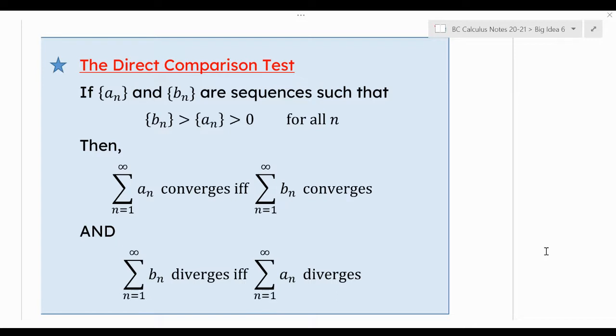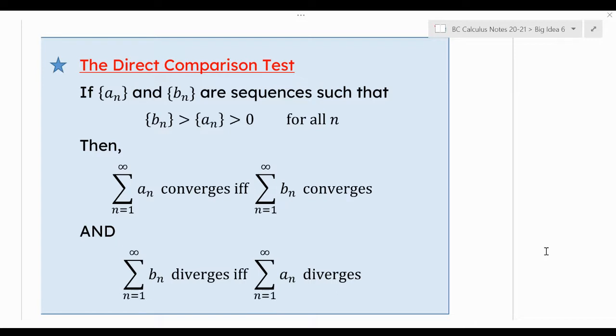If the smaller series A sub n diverges, then you know that the bigger one also diverges. And if you know the bigger series converges, then you know the smaller series converges.